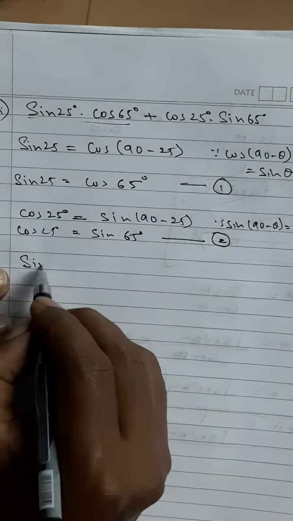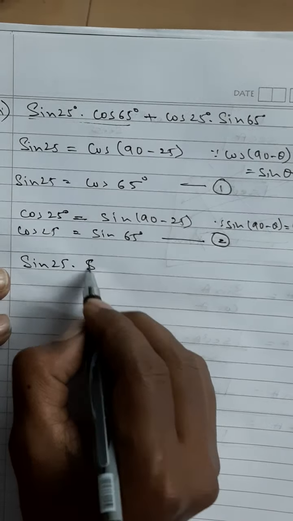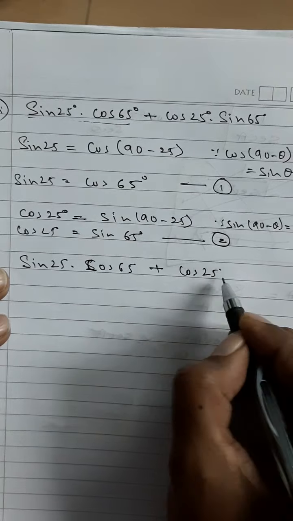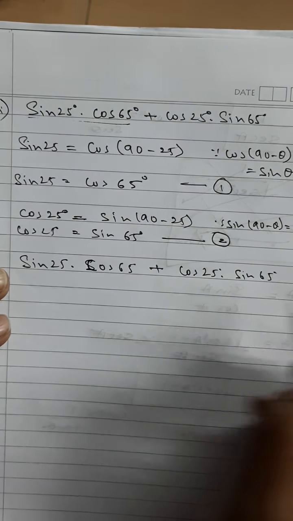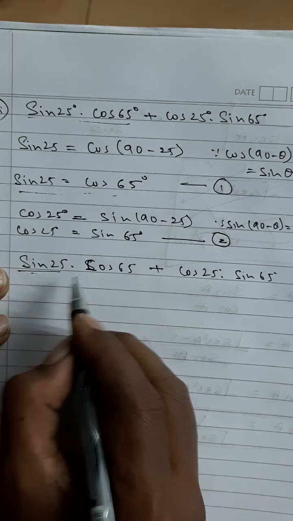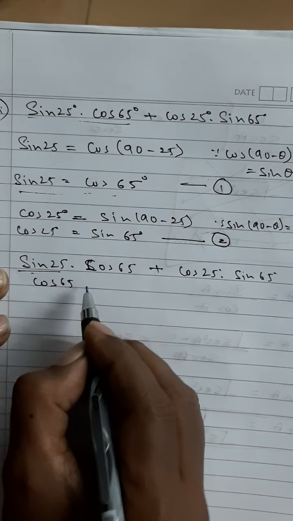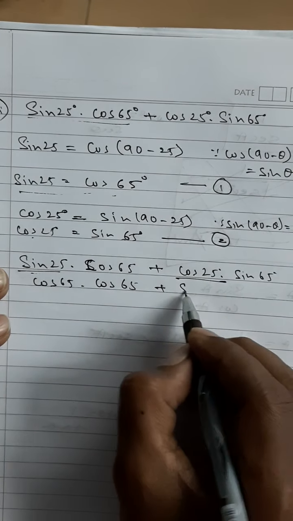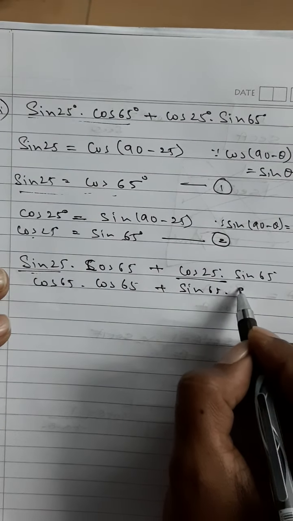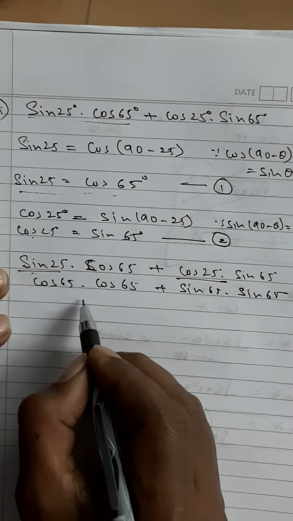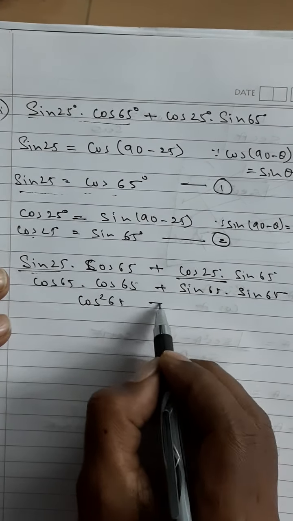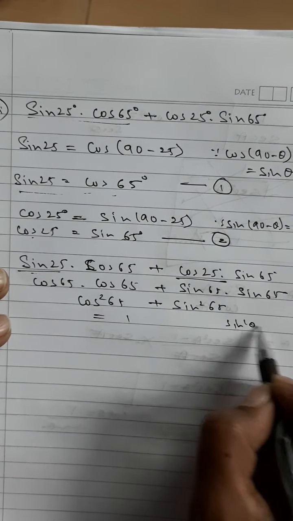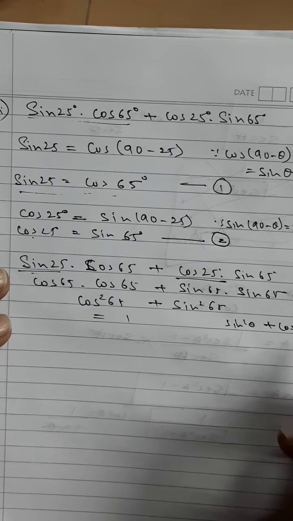So sine 25 degree into cos 65 degree plus cos 25 degree into sine 65 degree: in place of sine 25 degree I will write cos 65 into cos 65 plus, in place of cos 25 I will write sine 65 into sine 65. This will become cos square 65 plus sine square 65, which is equal to 1, because sine square theta plus cos square theta is equal to 1.